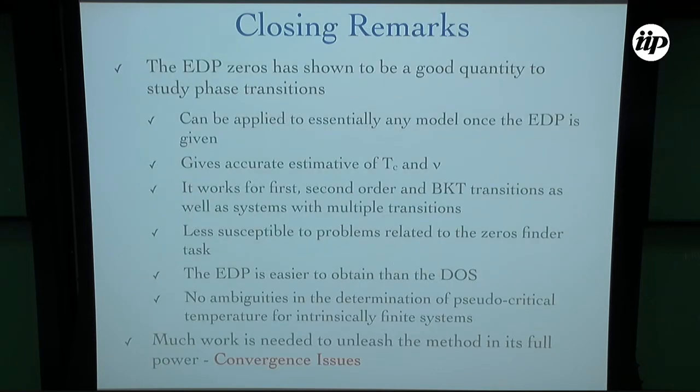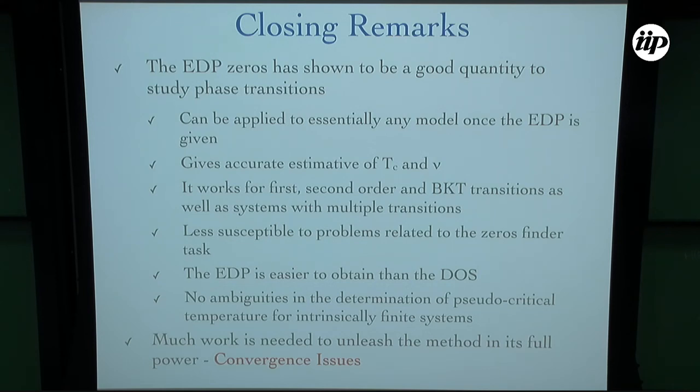Okay. So my closing remarks: we have shown that the energy probability distribution zeros are a good quantity to study phase transitions. It can be applied to essentially any model once you can get the EPD, gives accurate estimates for the temperature and the critical exponent nu, works for first-order, second-order, and BKT transitions, and is less susceptible than the Fisher zeros to problems related to the zeros finder task.